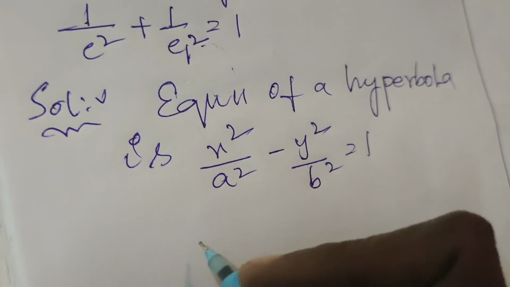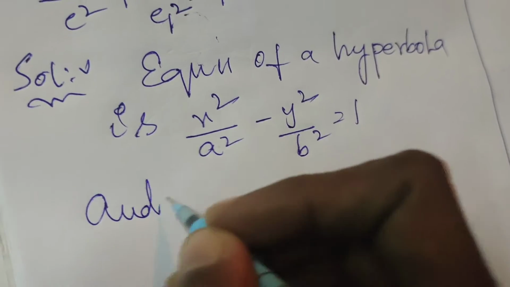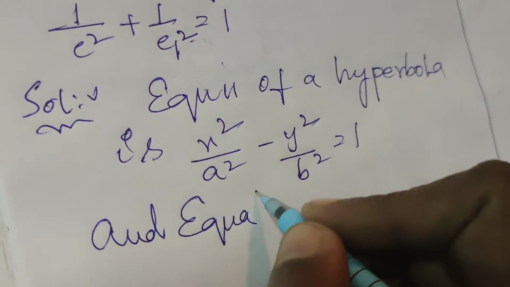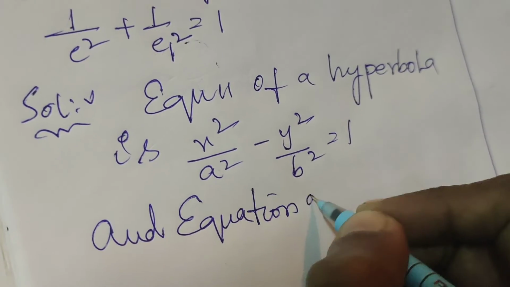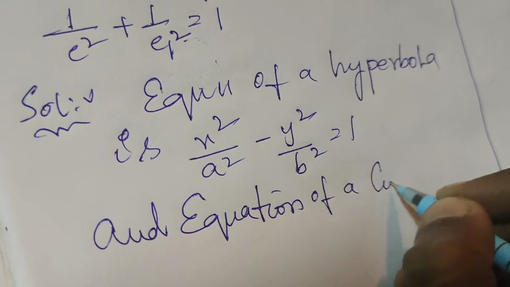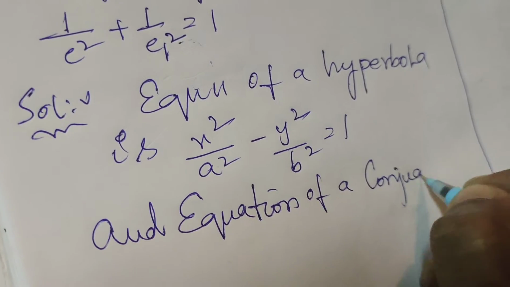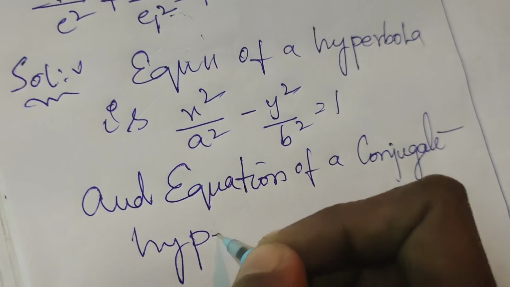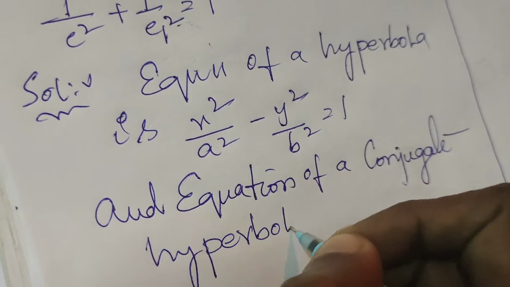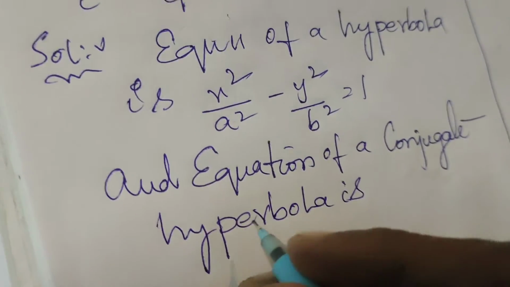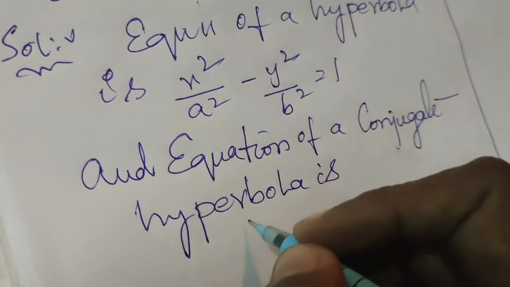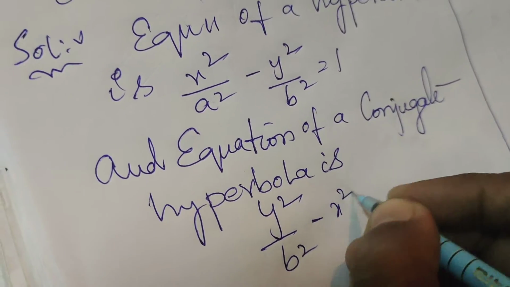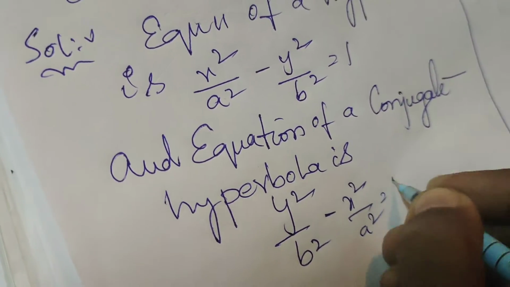And the equation of the conjugate hyperbola is y square by b square minus x square by a square equals 1.